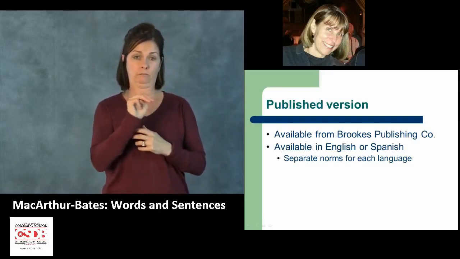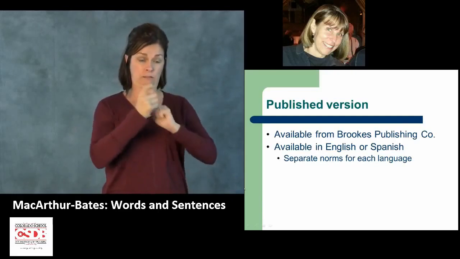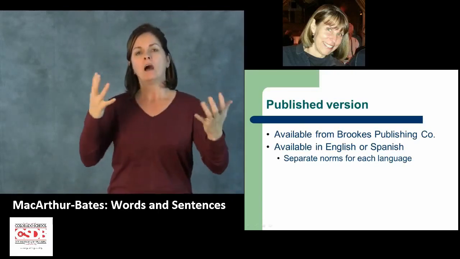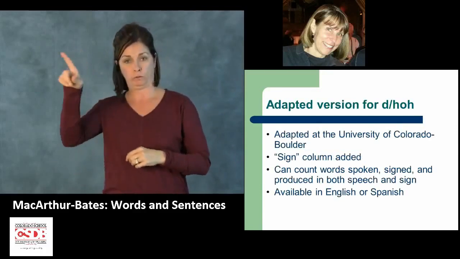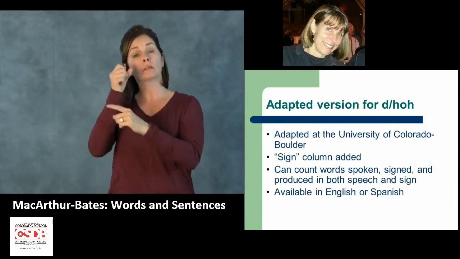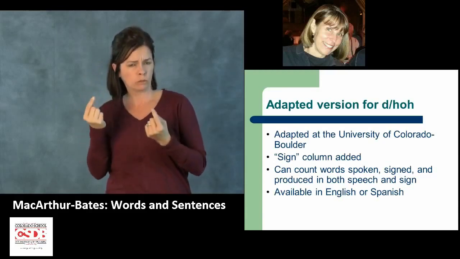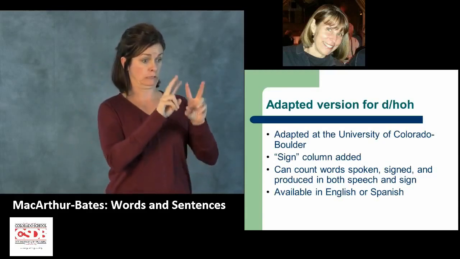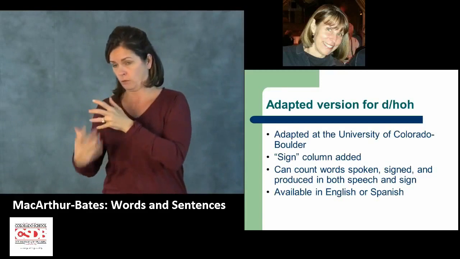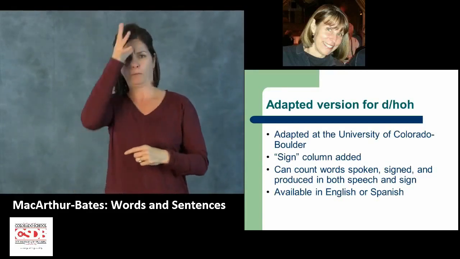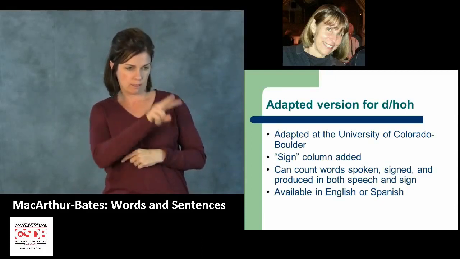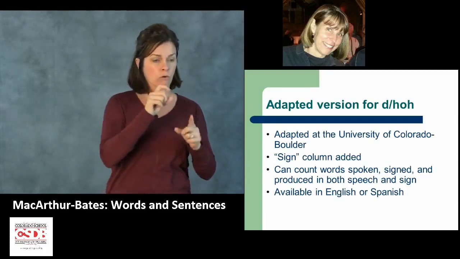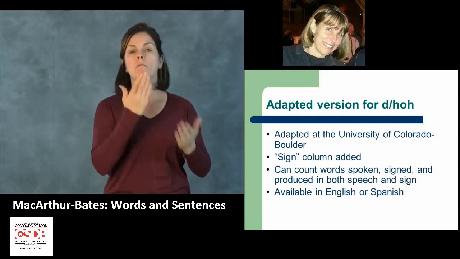Let's take a quick look at an adaptation that we've done at the University of Colorado at Boulder. At the University of Colorado at Boulder, we've adapted the MacArthur so that a sign column is available for parents to check. So parents can check for each given word whether their child says the word, whether they sign the word, or if they do some combination of the two.